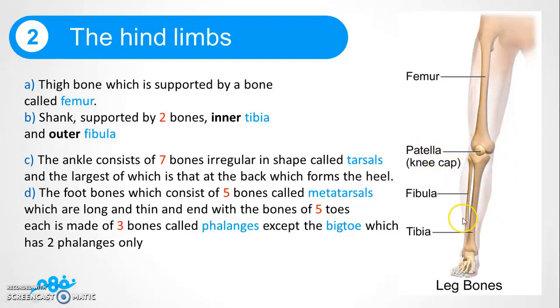The foot consists of 7 elongated bones called tarsals, followed by the 5 bones called metatarsals.